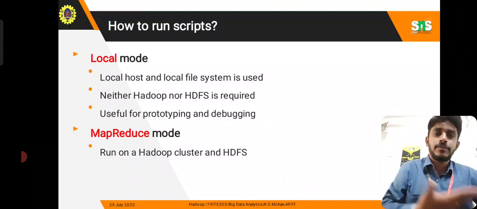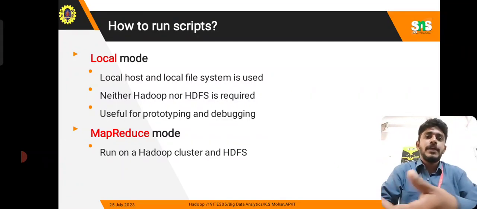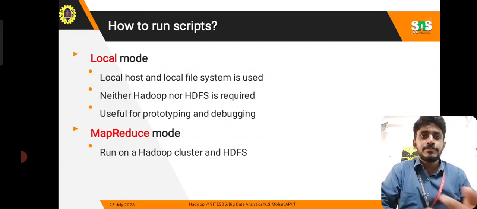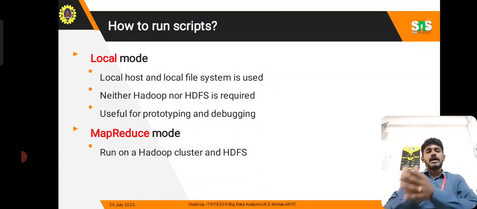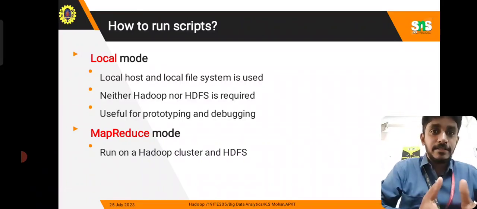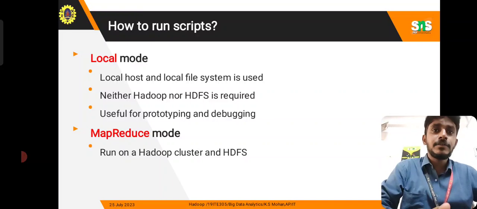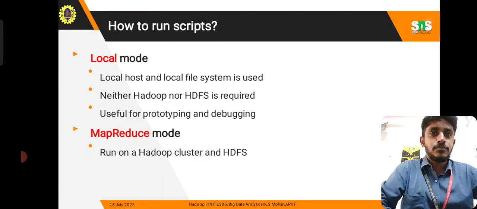The local mode is nothing but the local file system: whatever is stored locally is called local mode. MapReduce runs on the Hadoop clusters: whatever data is stored in the Hadoop clusters and HDFS is called MapReduce. With the help of the local mode and MapReduce, we can run the scripts very easily. So this is how to run scripts.